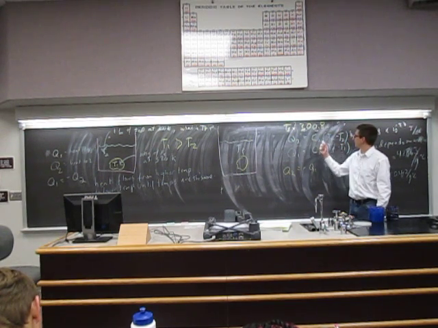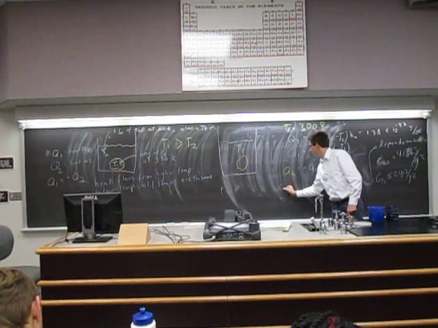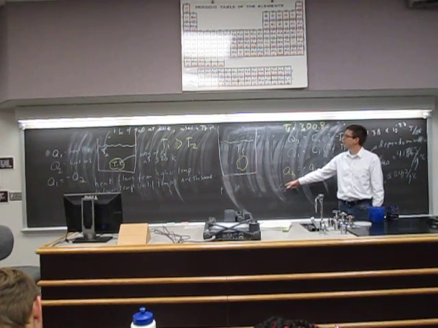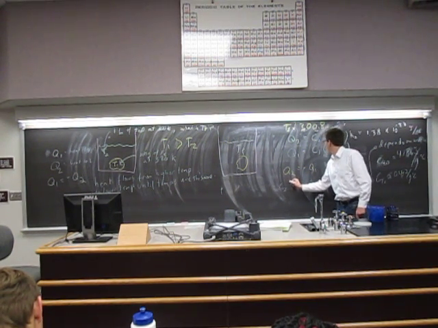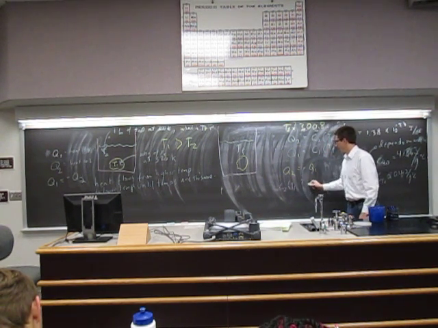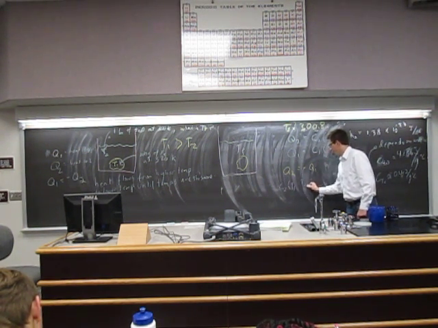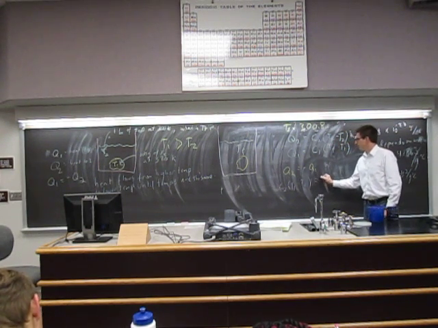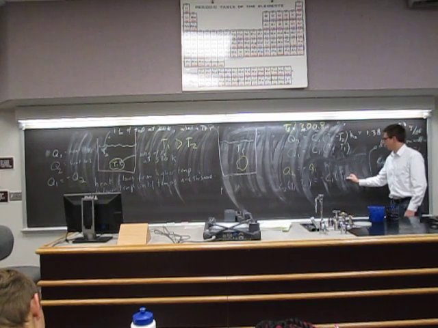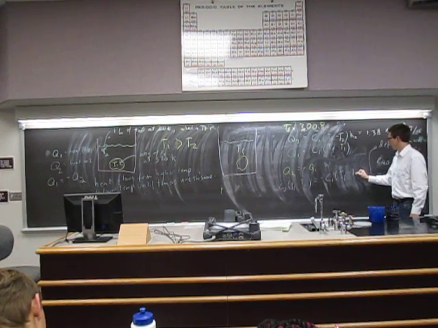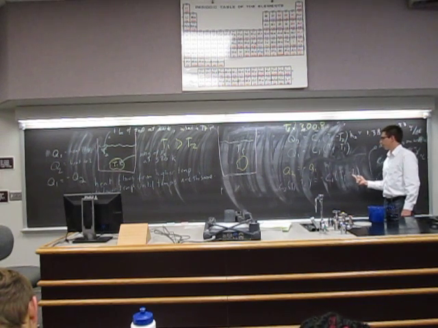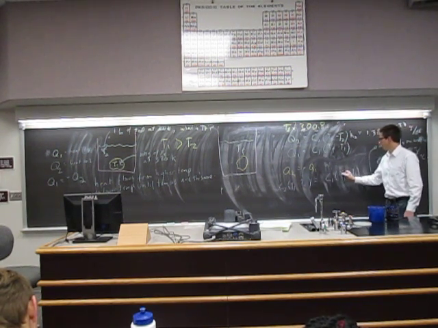I'm just going to substitute these things in. So I get C2, the heat capacity of the water, times T final minus the initial temperature of the water, T2, is equal to negative C1 times T final minus the initial temperature of the iron. Let's put this minus sign through.